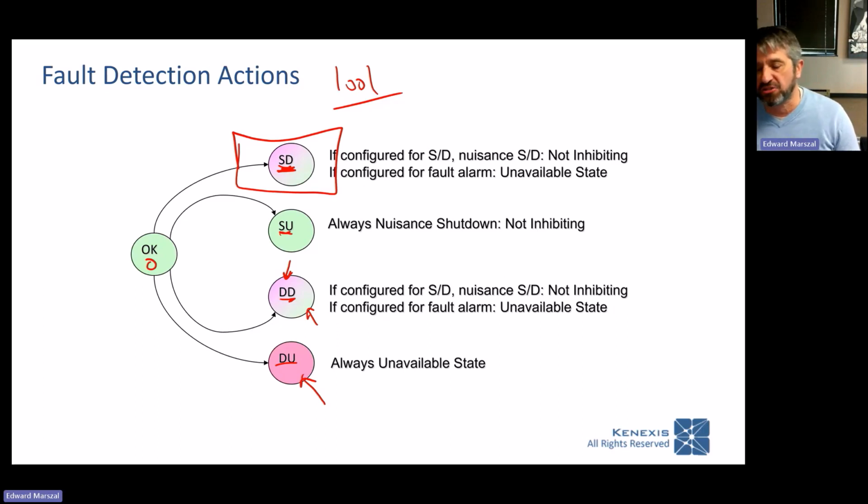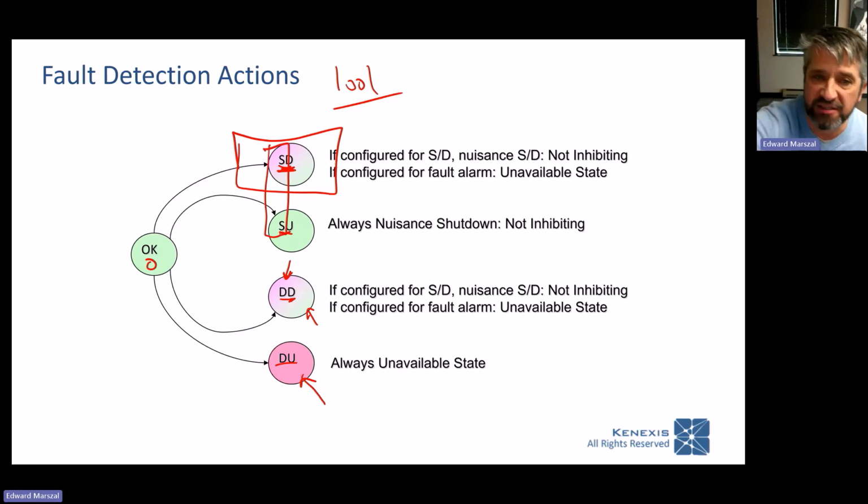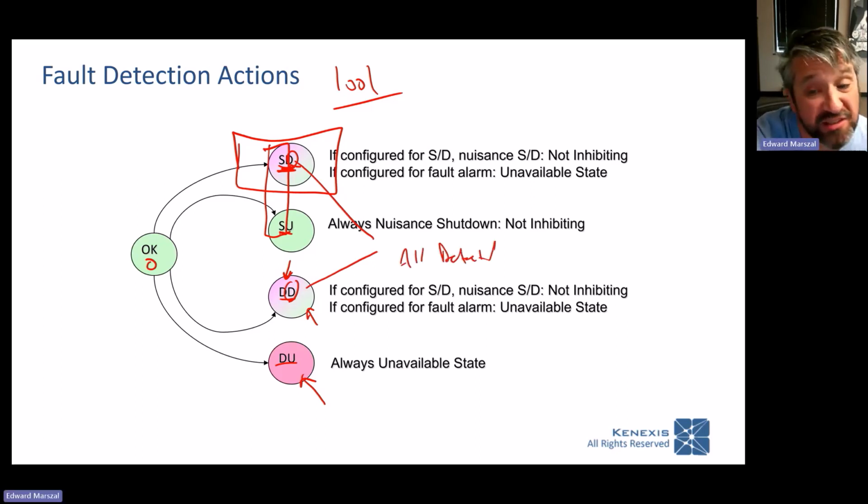So in Kenexis software, in Vertigo, we don't assume all safe failures are going to result in a spurious trip. We basically take all of the detected failures, so all detected, whether it's safe or dangerous, and then we take that total pot of detected failures and call it a spurious trip if you vote to trip, or call it a DD unavailability if you choose not to trip.